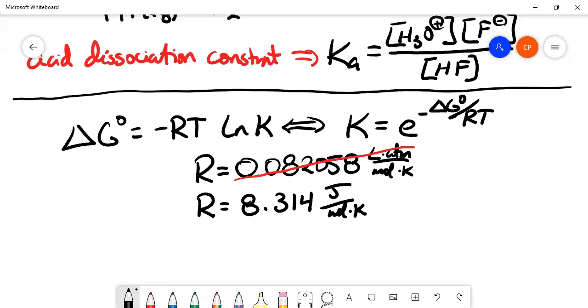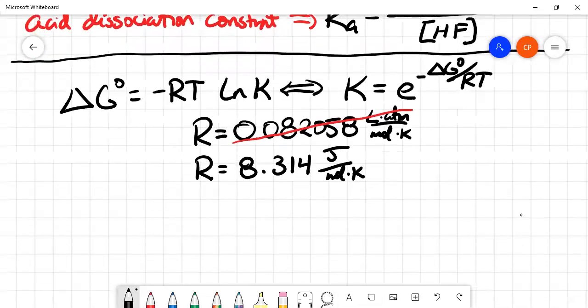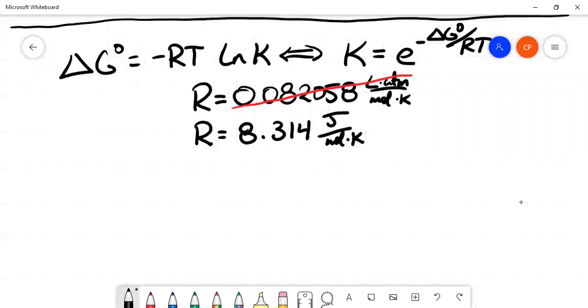But this relationship is important because if we know a standard free energy for a chemical reaction, we can get that reaction's equilibrium constant, and vice versa. If we know the equilibrium constant, we can get a standard free energy.